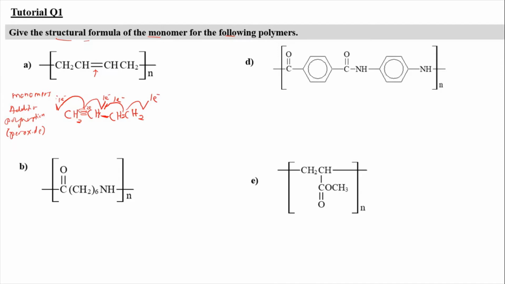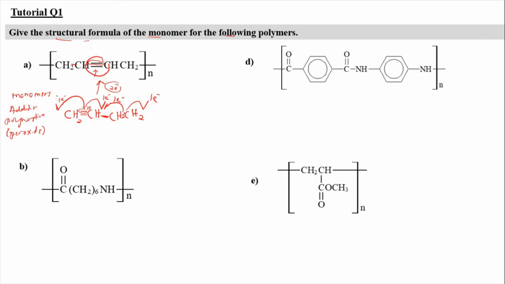So as you can see, when the monomers react with one another, they produce a polymer here. The CH2 double bond CH here is going to become a single bond, and the middle here is going to become a double bond, because one electron and one electron produce two electrons, which refers to an extra bond here.